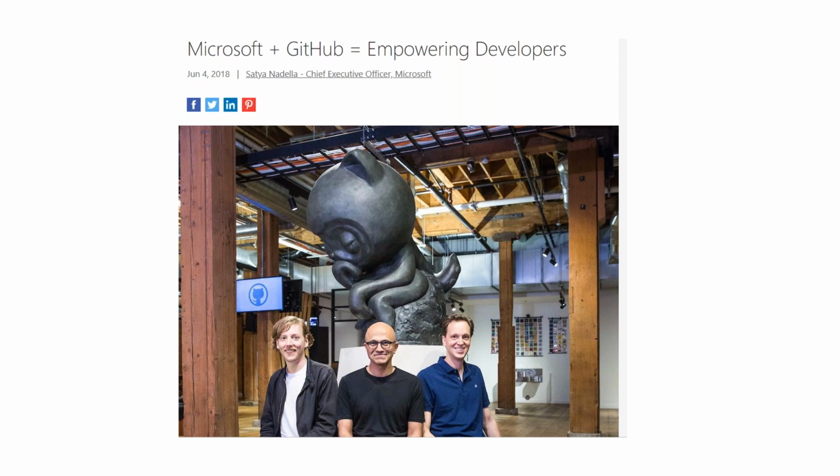So with that, isn't it fascinating how, just a little bit of time ago, it was announced that Microsoft bought GitHub for something like $9 billion, and I'm certainly paraphrasing that statistic.